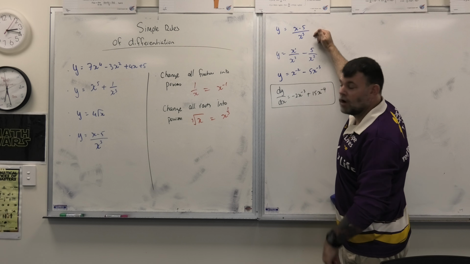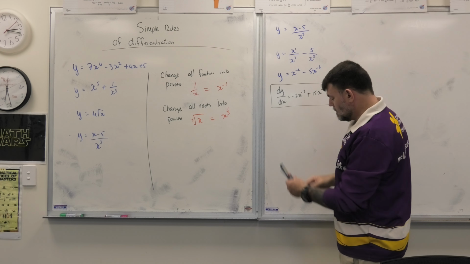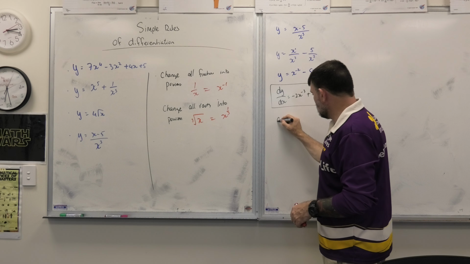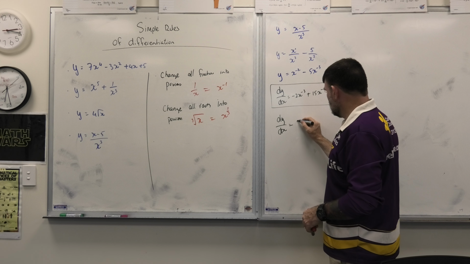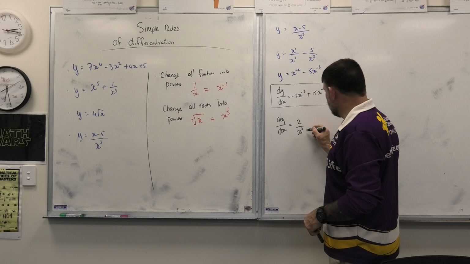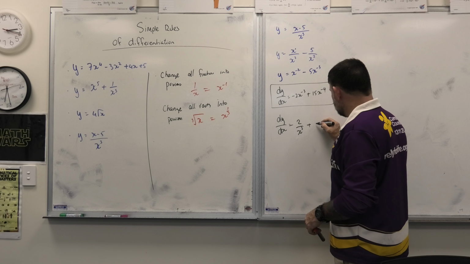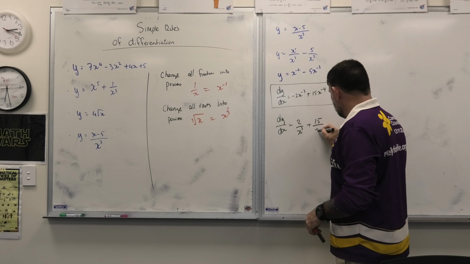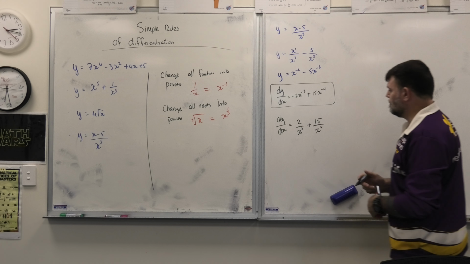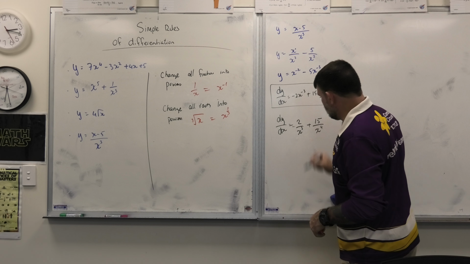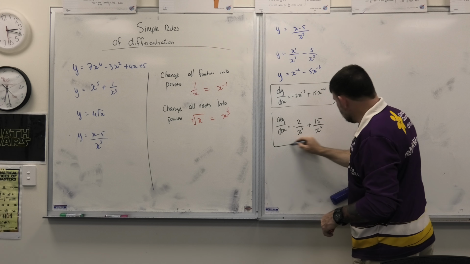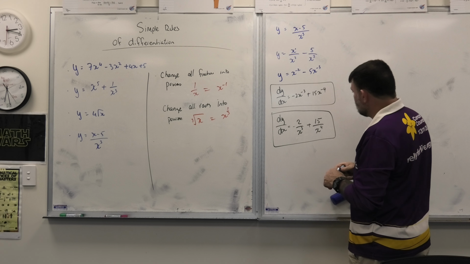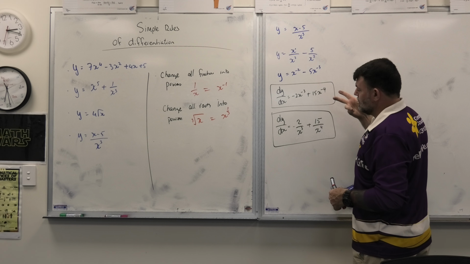However, we want to try and write it back in its simple form. So we can rewrite this here as dy dx is equal to negative 2 on x cubed plus 15 on x to the power of 4. So you can see the negative. So therefore this here is the simplified version of this question.